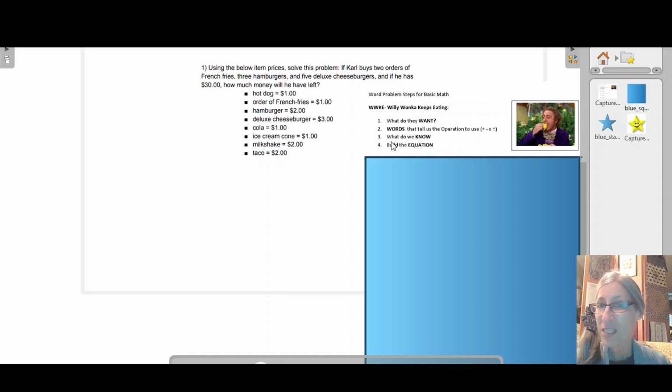And the third one is the K part. What do we know? In other words, what were we given in the problem? A lot of times you'll hear a teacher say the word given. They'll ask you, well, what was given? And you'll look at them kind of strange and say, that's a strange word to be using, but that's the word that we use in math a lot.